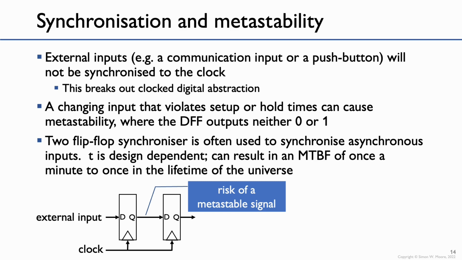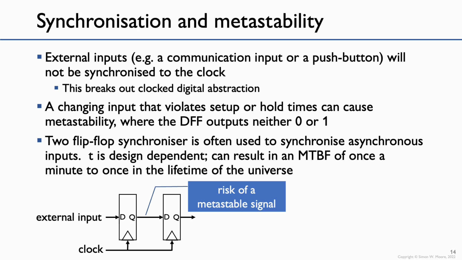And the idea here is that we're going to allow time, say 1 clock cycle, for that metastability to resolve, i.e. the output of that first D flip-flop will eventually go to either a 0 or a 1. And then on the next clock edge, the data will get copied through by the second D flip-flop, and everything will be nice and clean.